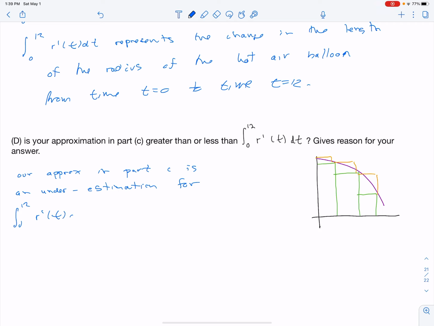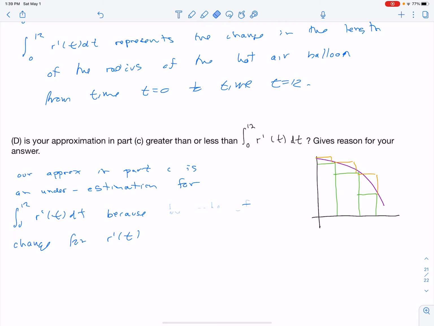And what is my reasoning? My reasoning is because the rate of change for r prime of t, so now I'm talking about its second derivative. Let's not say the rate of change of that; I'll use increasing and decreasing.